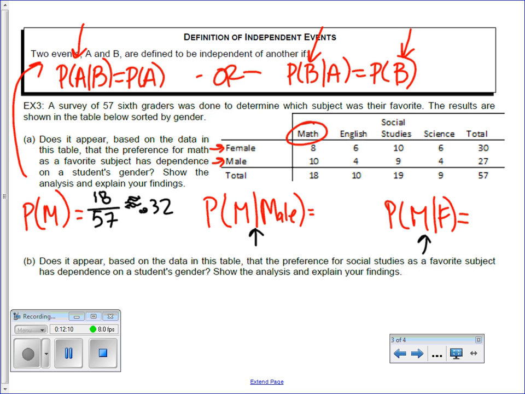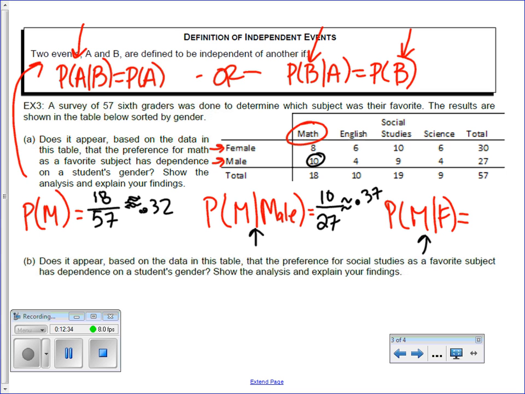So remember, when it's a given, it's a conditional probability, so the top should be the probability that they're a male and like math, which is 10. And then the bottom should be the probability that they are just a male. So all males total is 27. So this is approximately 0.37.